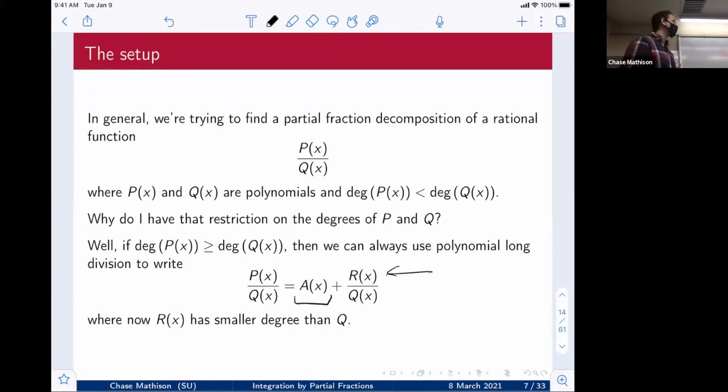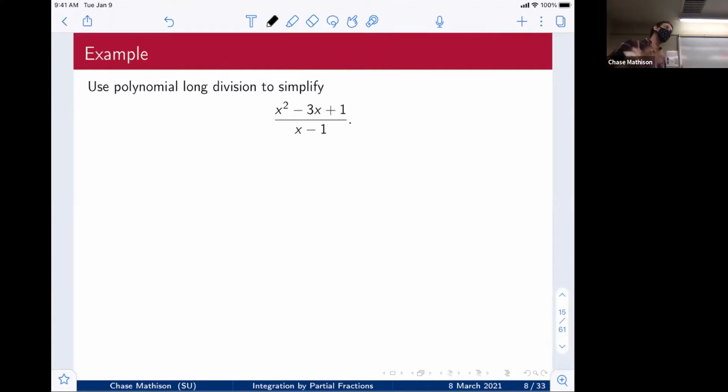So we'll see some problems where the degree of the top is bigger than the degree of the bottom, but then you just do polynomial long division to turn it into a polynomial plus something in the case that we want. Technically, it's supposed to be taught in pre-cal, but you know, people forget it.